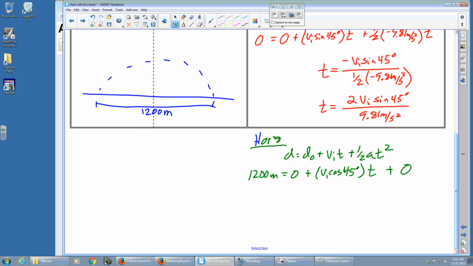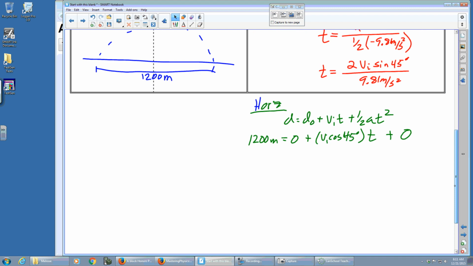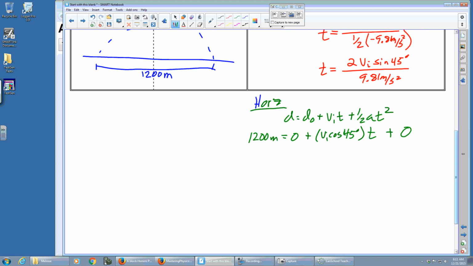I have the same two unknowns, VI and T. I could substitute in there, couldn't I? Let's try that. Let's substitute in the red into the green. We'll do that in blue.